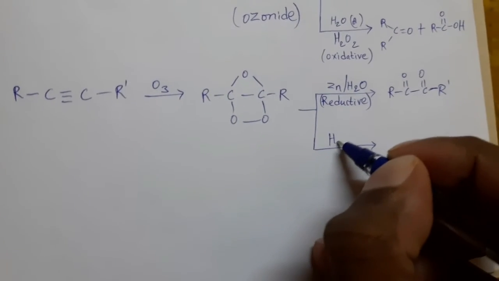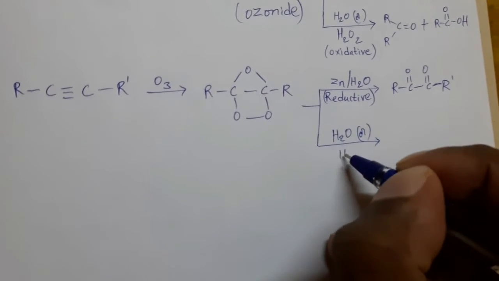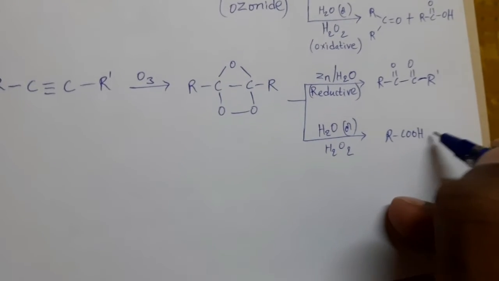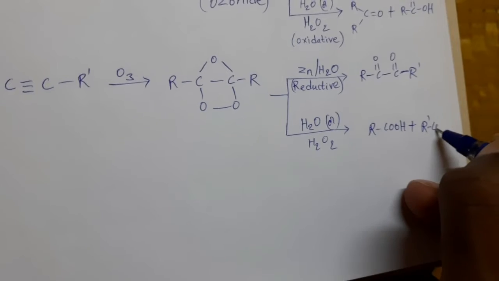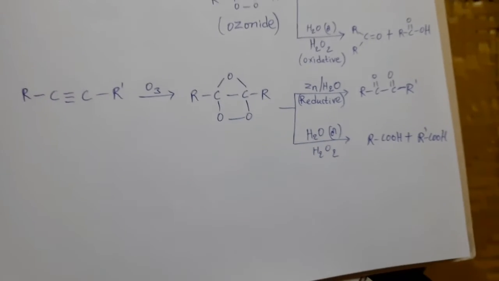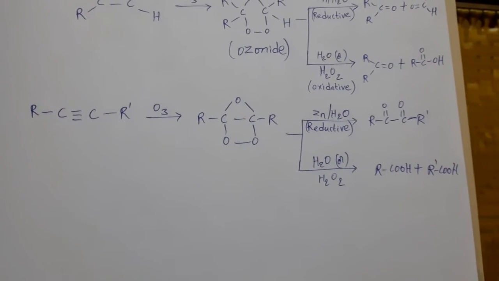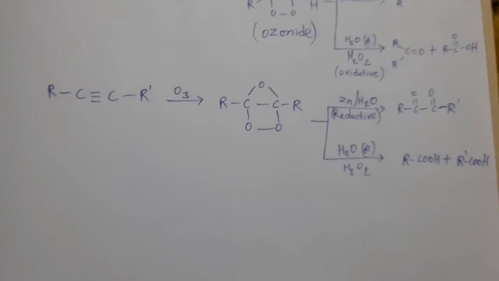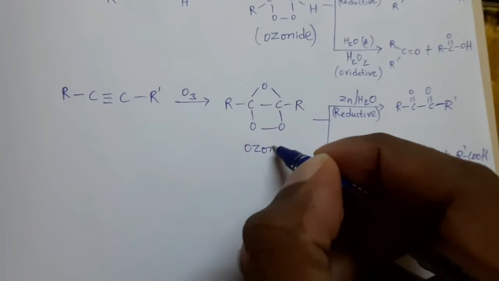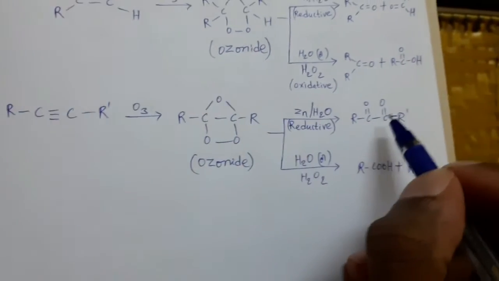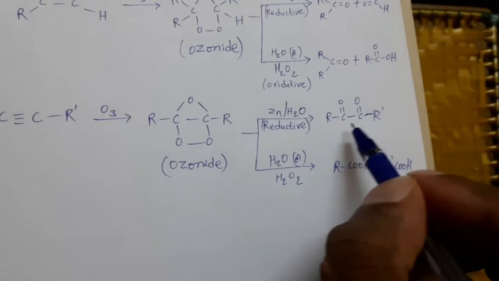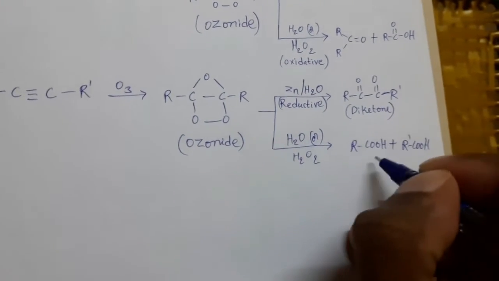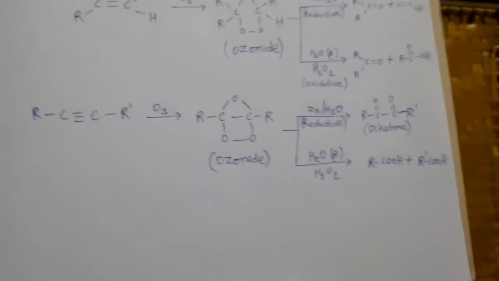And oxidative ozonolysis, we can get carboxylic acids. So when ozone is added to alkynes, we get ozonides. These ozonides on reductive ozonolysis give diketones, and oxidative ozonolysis gives carboxylic acids.